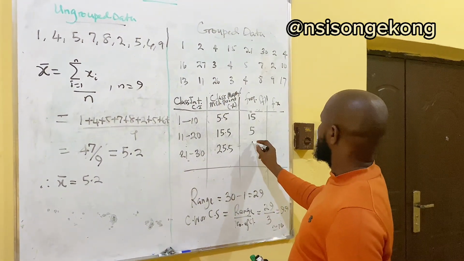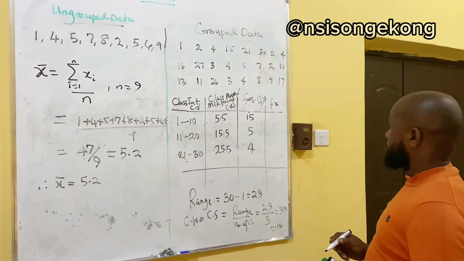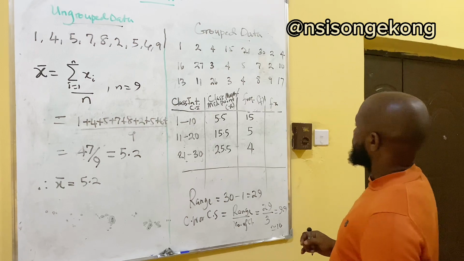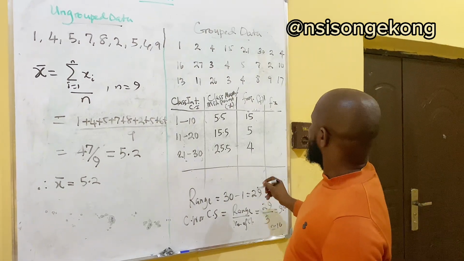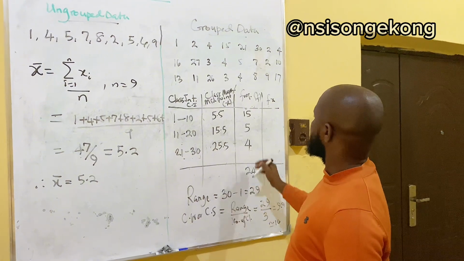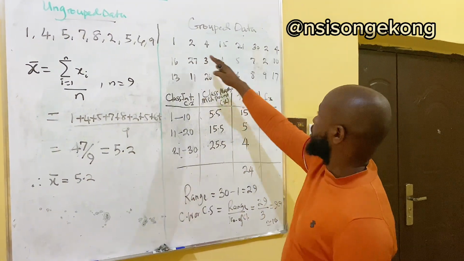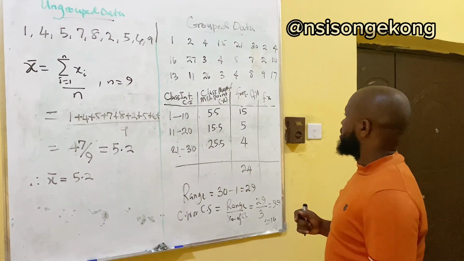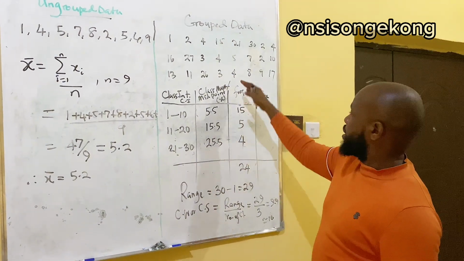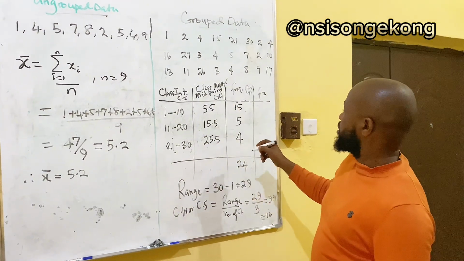So we have 4. If we sum this, we have 24, which is actually the number of data points that we had in our data set. For this column, we simply multiply the entries here with these entries here respectively.